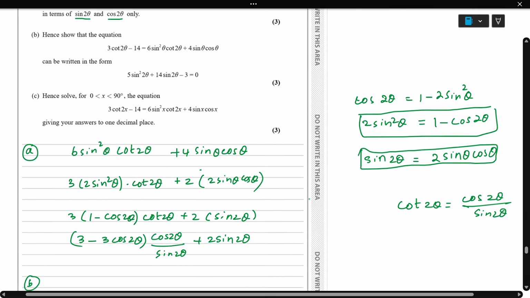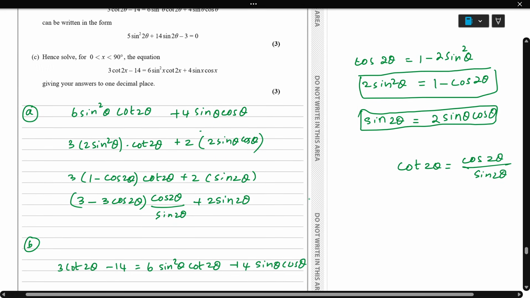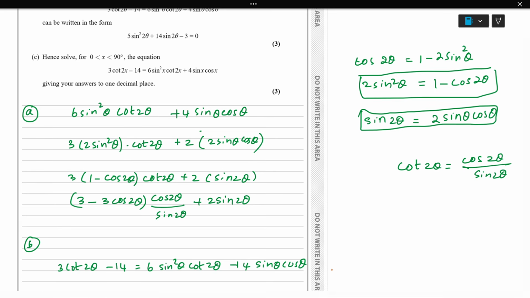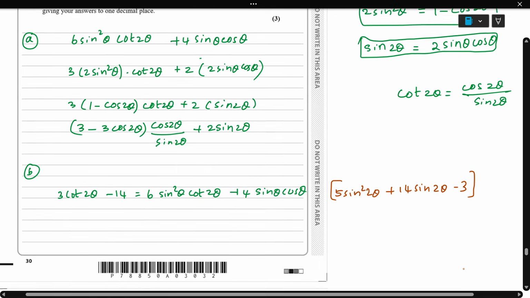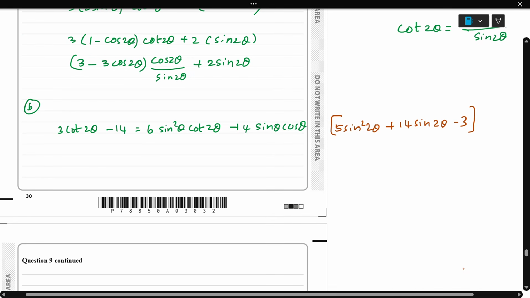It can be written in the form of, we need to show this: 5 sin square 2 theta plus 14 sin 2 theta minus 3. We need to show this; we need to simplify as our first result.